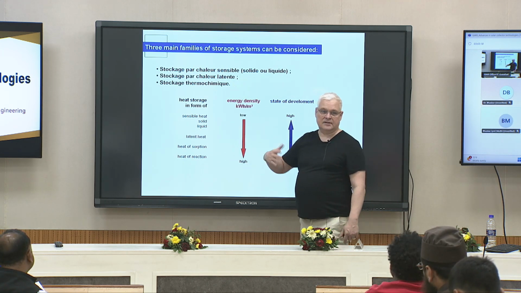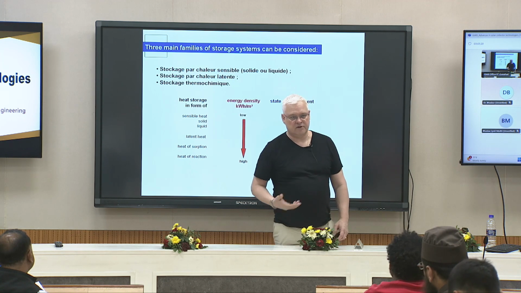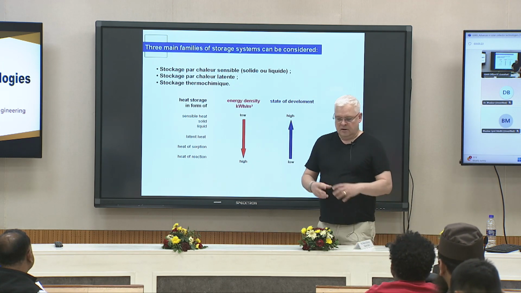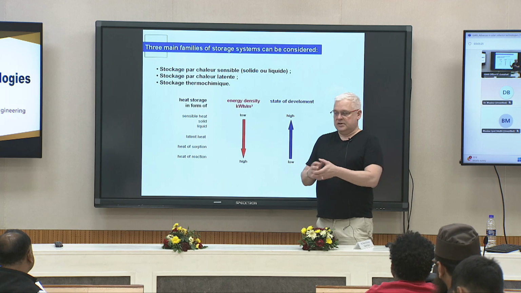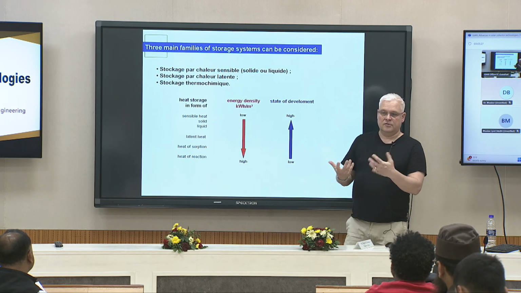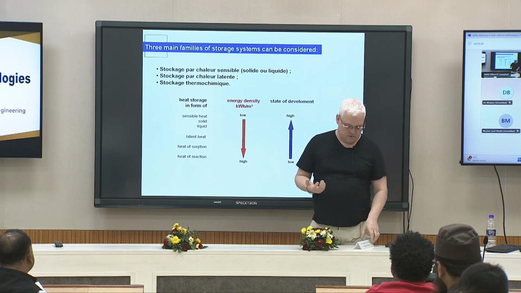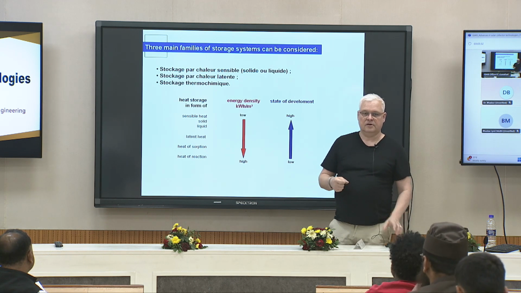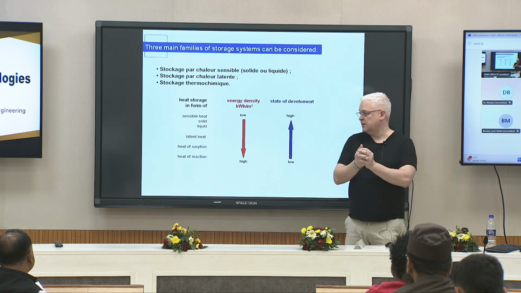Then the second is latent heat, so phase change. Phase change material could be a solid or it could be a liquid, but very often it's around materials like paraffin, okay, a mix with paraffin and things like this.